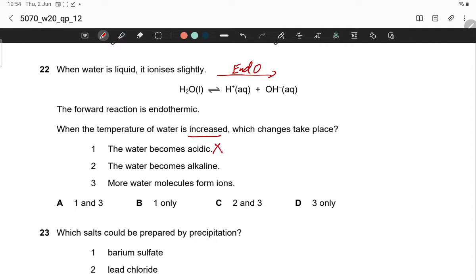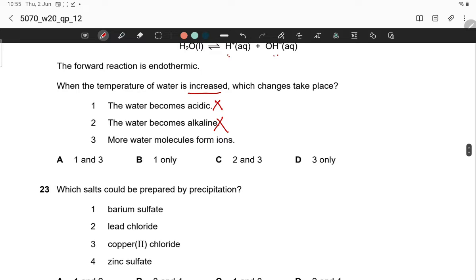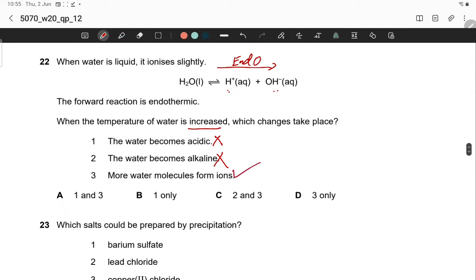No, because hydrogen ions and OH ions are the same. Does the water become alkaline? No, again because H+ and OH- ions are the same. More water molecules form ions. Yes, this is correct. More ionization occurs. So D must be correct.